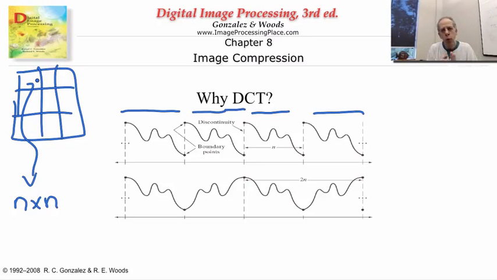So those are the two main reasons why we use the DCT. One is because for certain types of images, the DCT is the Karhunen-Loeve. The other is because the type of periodicity assumption is much more applicable to images where we started with these n by n or 8x8 blocks. So now we have the DCT.